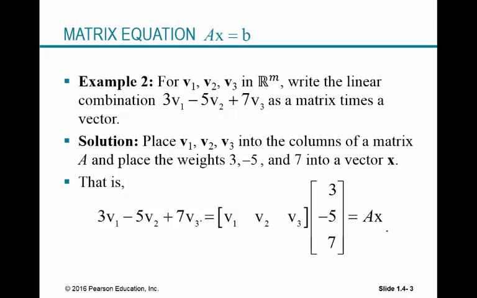The linear combination in vector form of 3v1 minus 5v2 plus 7v3 can be written where the v1, v2, and v3 are vectors. Now, they don't specify what m is equal to in this case. But we know the n that they used is 3. And there's 3 columns for this matrix. And there's 3 elements in our vector. That has to match.